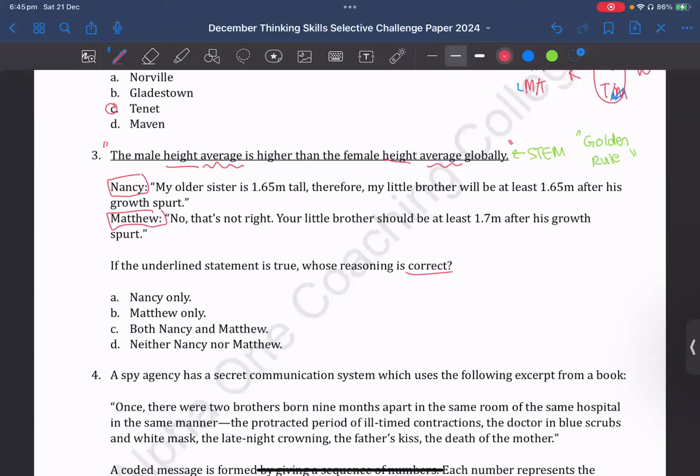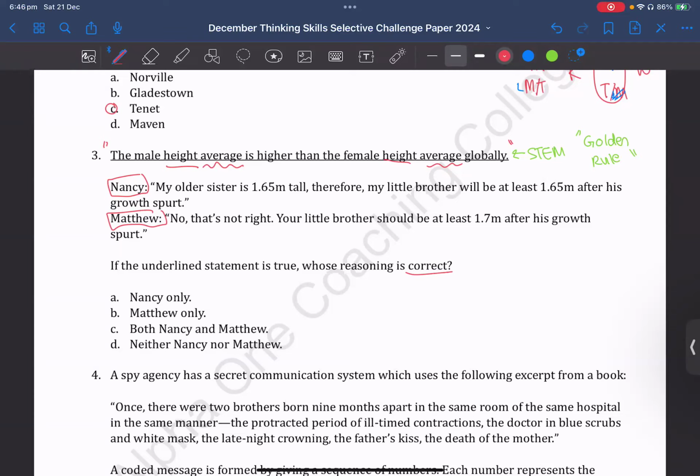So in this case, they've taken the heights of every male and then divided by the number of males and done the same thing with the females.